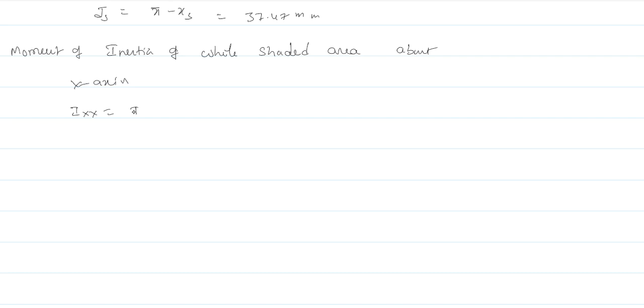Now, most important step, moment of inertia of whole shaded area about x-axis. That is Ixx is equal to Ixx1, that is moment of inertia of section 1, minus Ixx2 minus Ixx3.